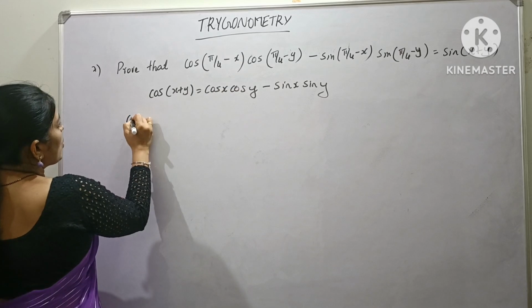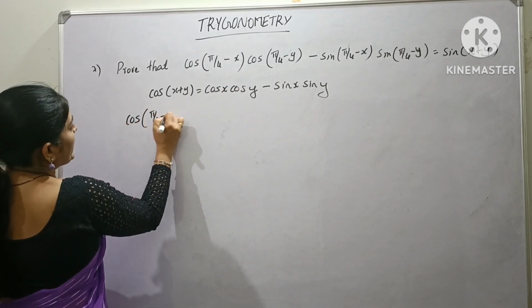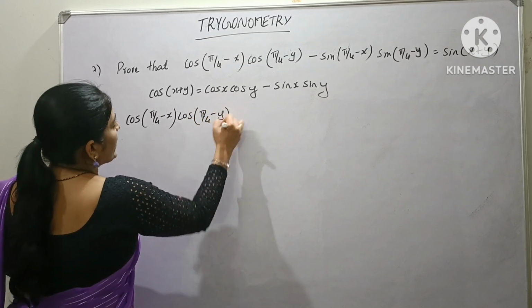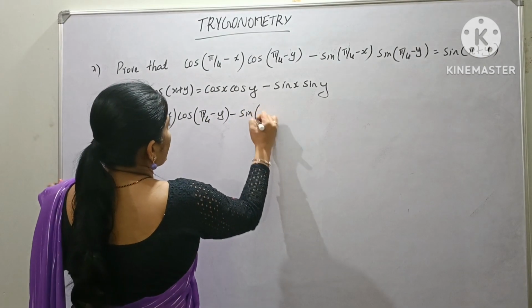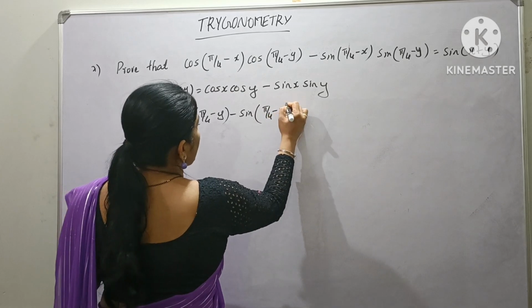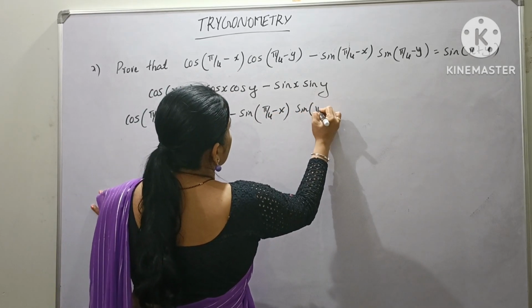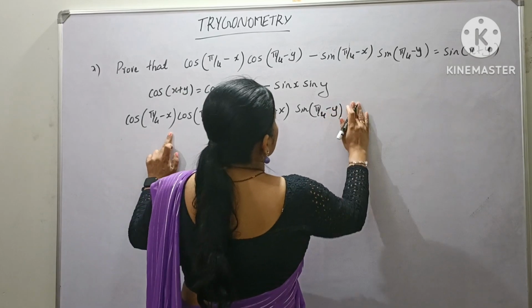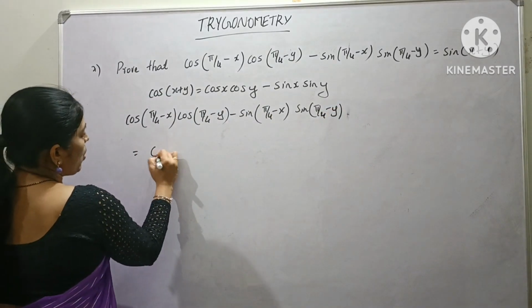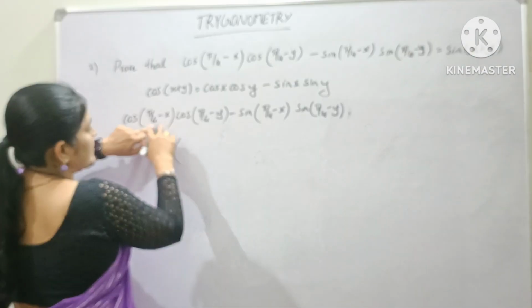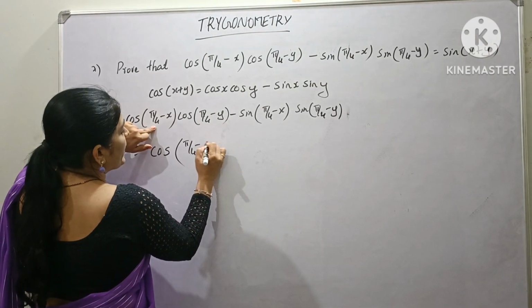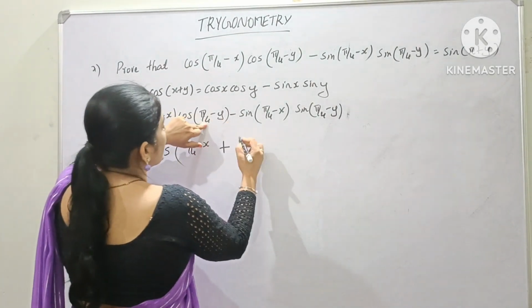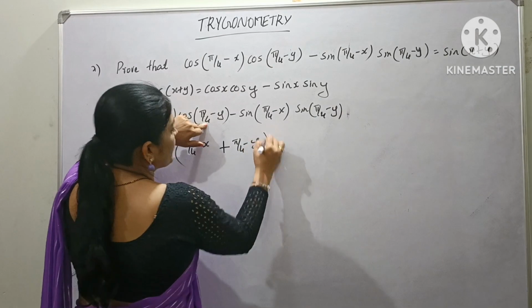So LHS is cos of pi by 4 minus x plus pi by 4 minus y.